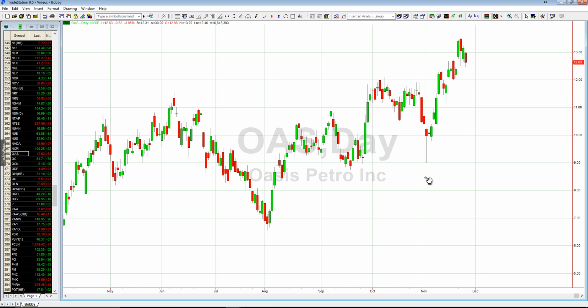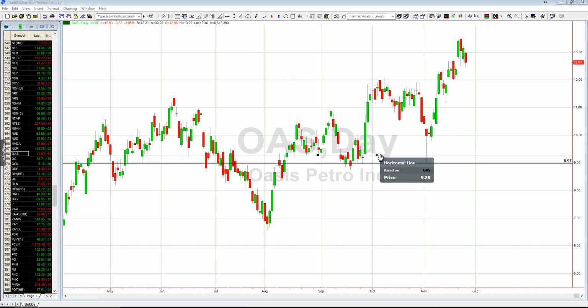Okay, here we have another one where this was our zone right here. But price moved rapidly away from there. It broke through our previous supply.